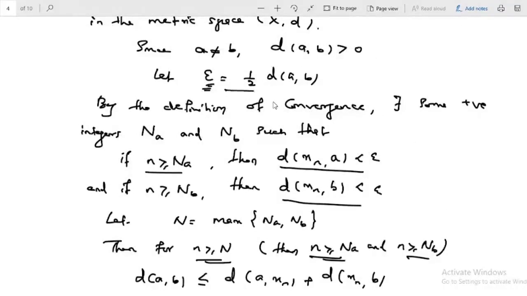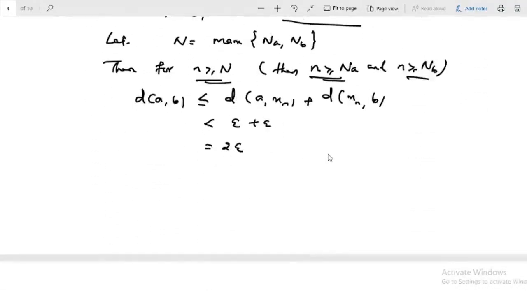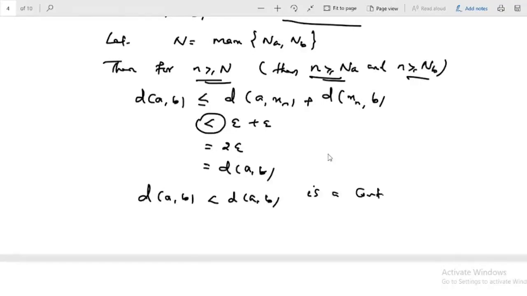Okay. Therefore 2 epsilon is distance between a and b. Now we get distance between a and b is strictly less than distance between a and b. This is a contradiction. Then our assumption that sequence x_n converges to more than one limit is false.